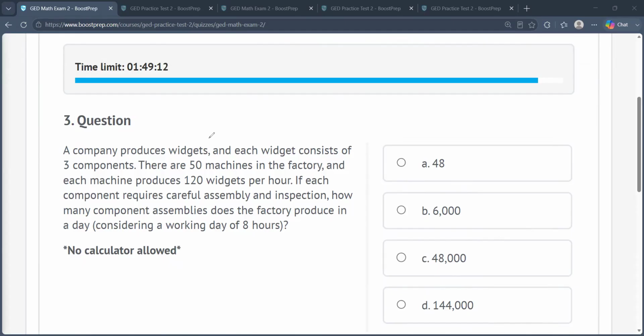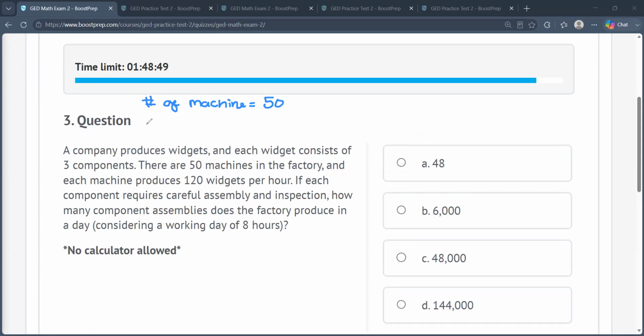So let's break this down. How many machines do we have? The total number of machines is 50. And each machine produces 120 widgets per hour.